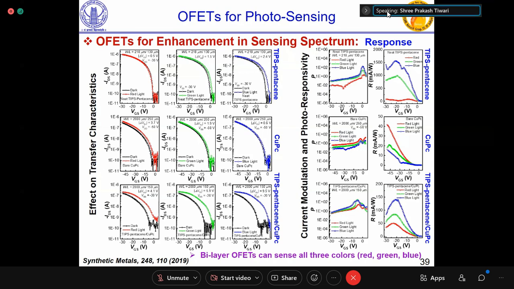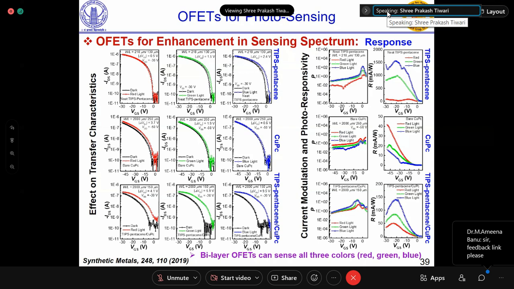So you can tune these organic semiconductors for sensing red, green, blue, everything by adding these layers. This study was published in Synthetic Metals recently, where you could see that for photosensing also there is a way to tune the sensing property by choosing suitable materials.